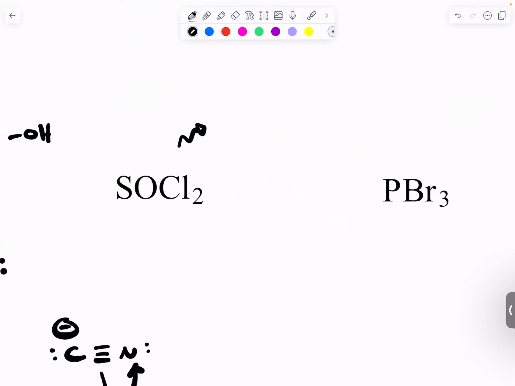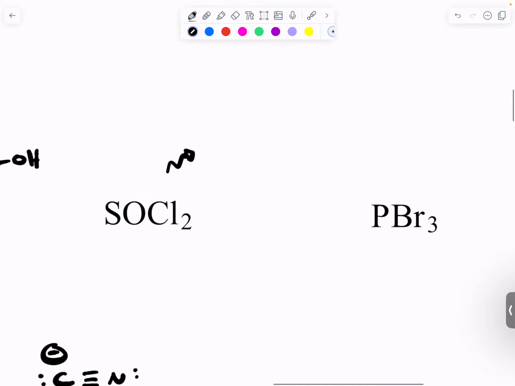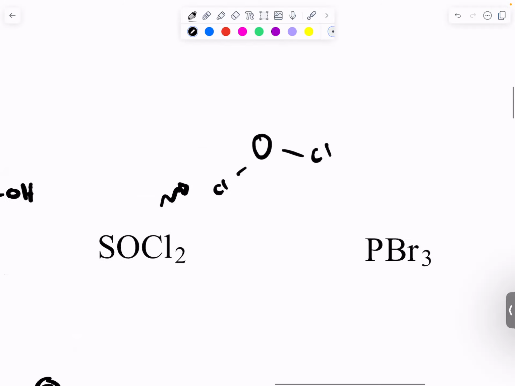So I could double bond, and then the rest of the lone pairs. So far I have oxygen, 2 Cls coming off the oxygen with 3 lone pairs, and then a double bond to sulfur with 2 lone pairs. Okay, pretty good. I'll keep that.